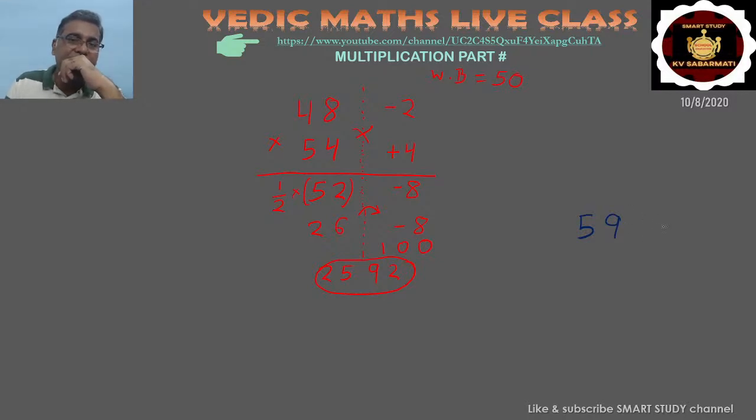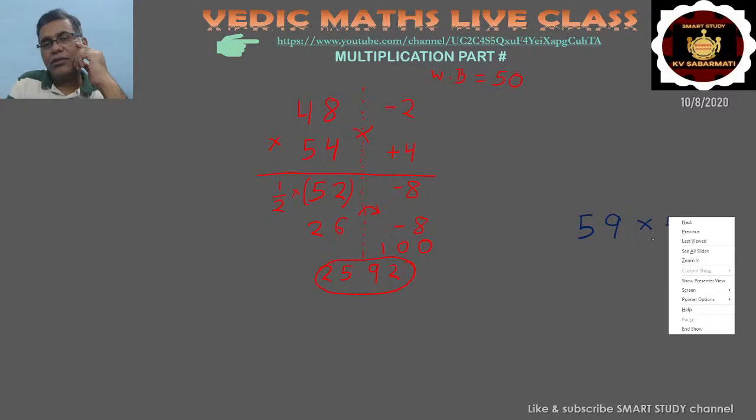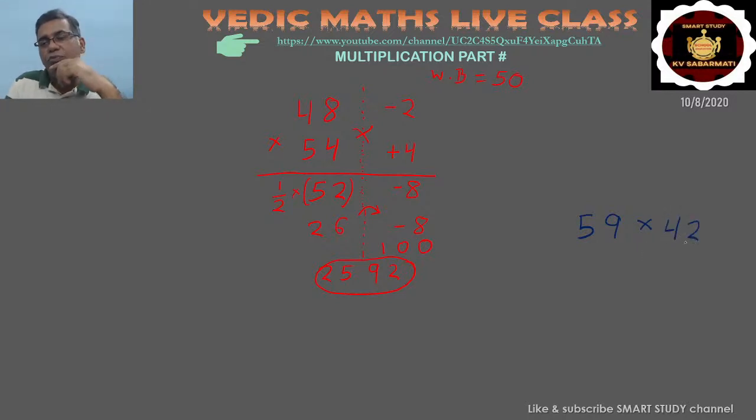Okay, by the time you try to do it, now take another number 59. Let us say 42. 59 into 42. Find out.